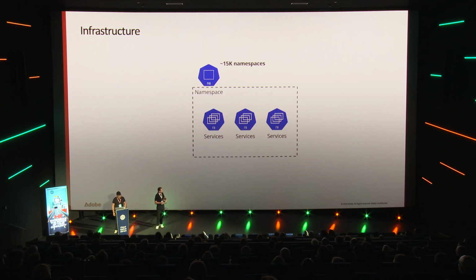So the CPU and memory consumption in each of these namespaces are also dynamic based on the usage rate. These namespaces scale out or scale down in terms of the number of pods and services that are running there. And this setup is quite identical across 15,000 of these.